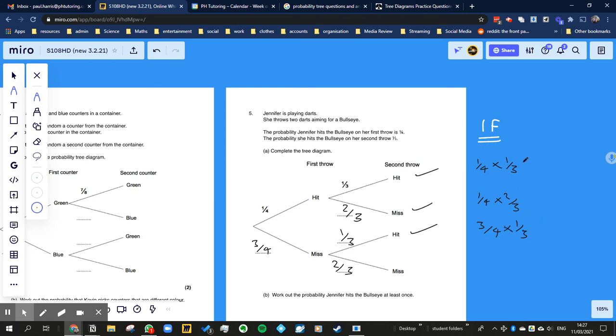You're going to work out the answers to these ones, and then, because we're saying any of these situations could happen, it's going to be this or this or this. So that's when you add. So remember, or is add, and and is times.